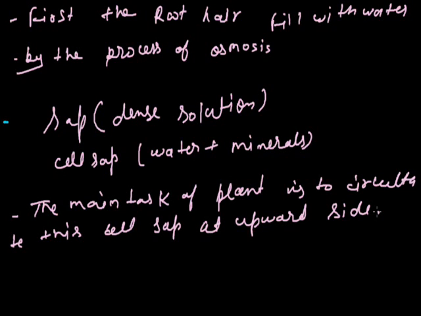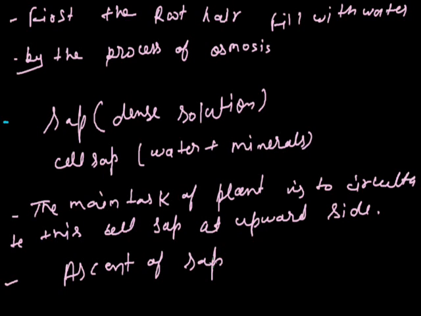So there is some theory by which we can understand how the movement of water occurs inside the plant body against the force of gravity. This process of upward movement in plants is termed ascent of sap.